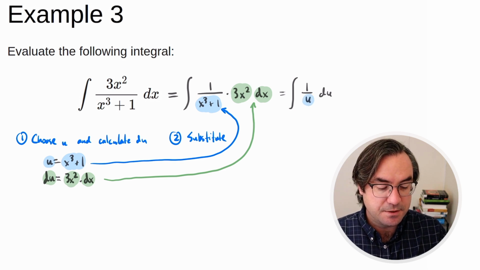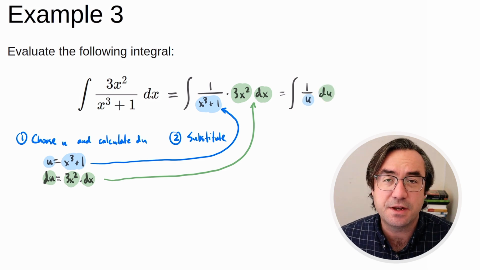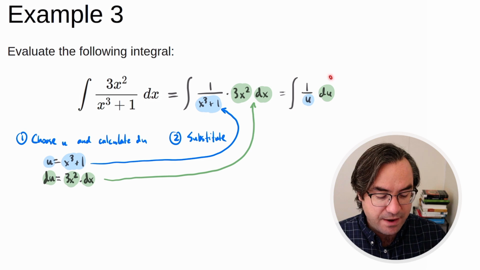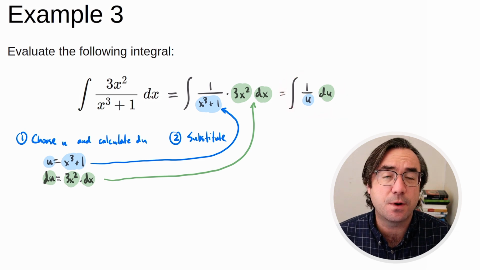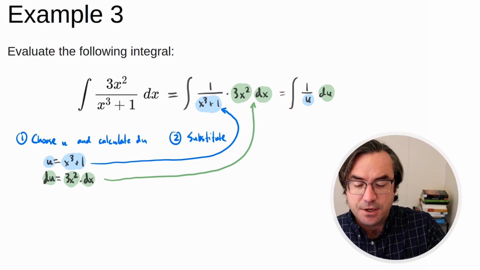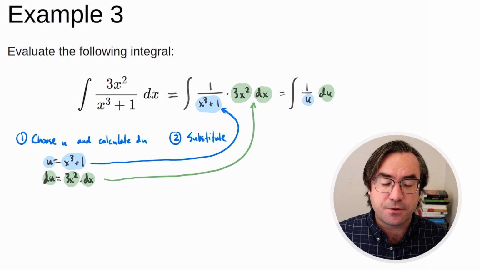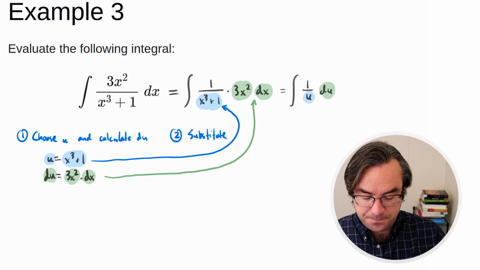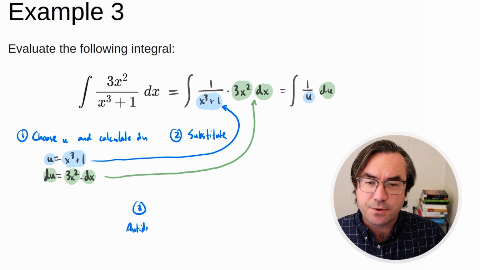So we replaced the u and the differential there. All right, so now we have a much easier integral to do. This is one of our basic antiderivatives. So now the next step is to figure out the antiderivative.